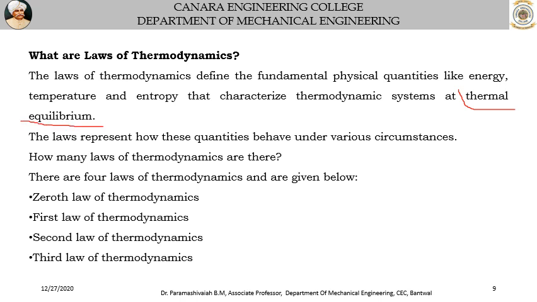Even though there is some process going on, from stage 1 to stage 2 there is change, but the temperature remains same. Then we say that it is thermal equilibrium. The laws represent how these quantities behave under various circumstances.